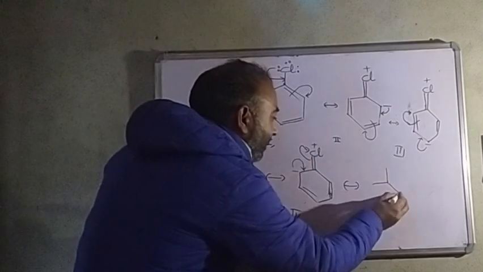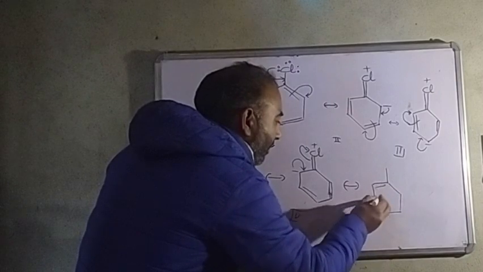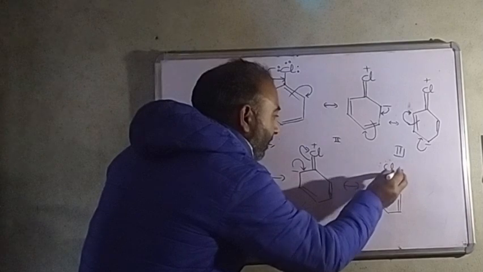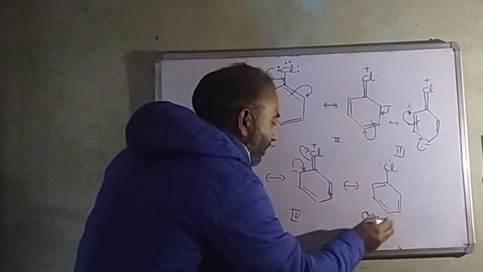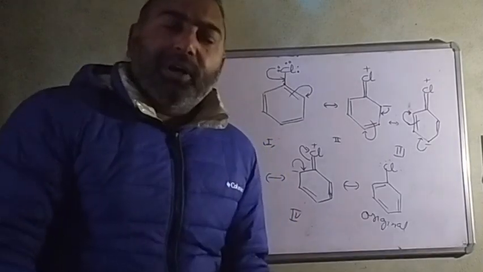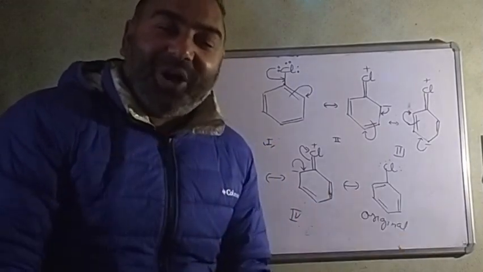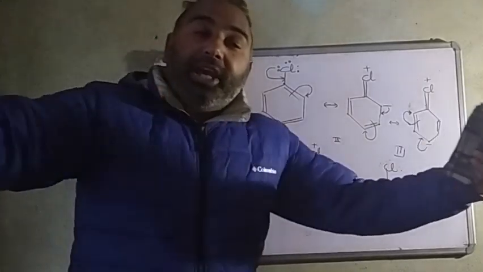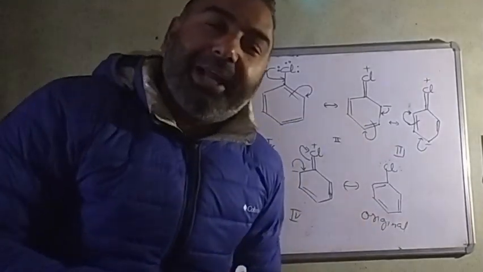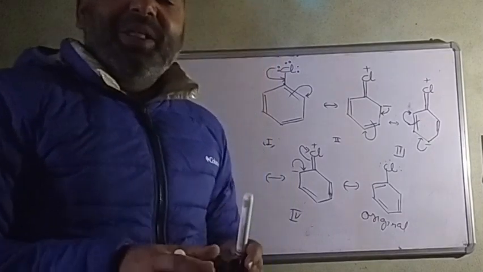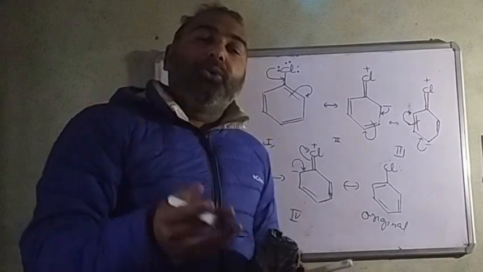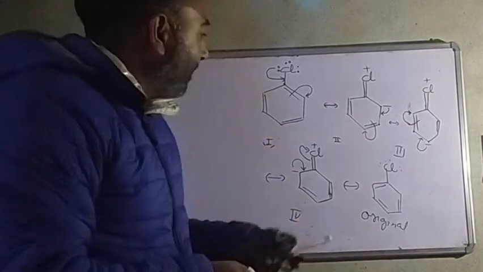We will get the real, original structure. What is the purpose of this shifting of pi electrons? Conjugation gets extended and it helps in stabilization. Conjugation gets extended and the molecule attains stability.